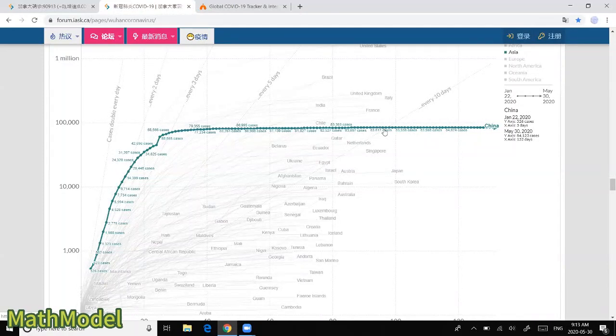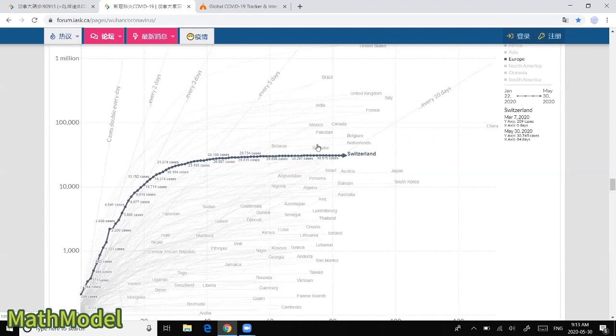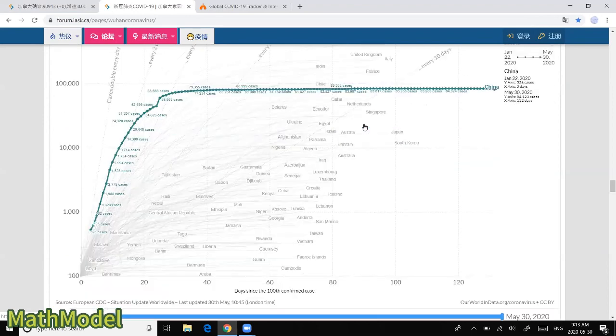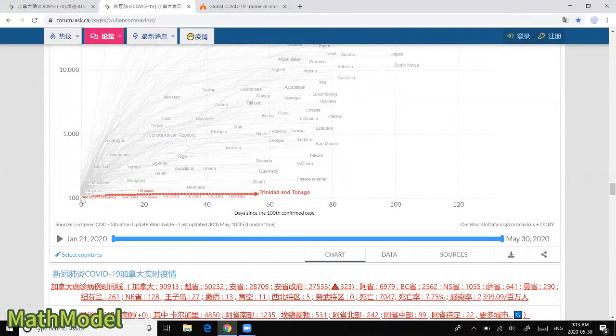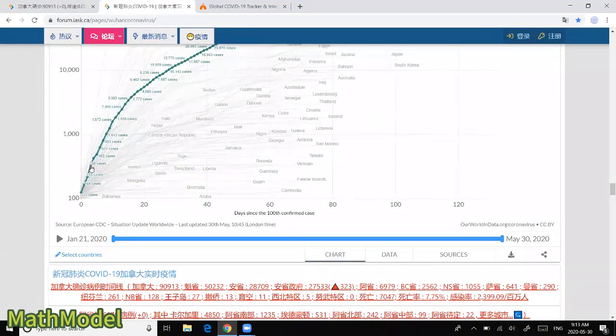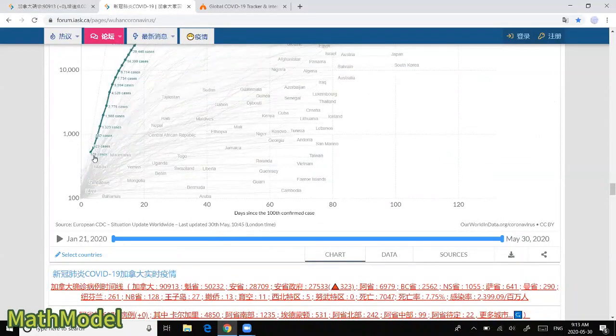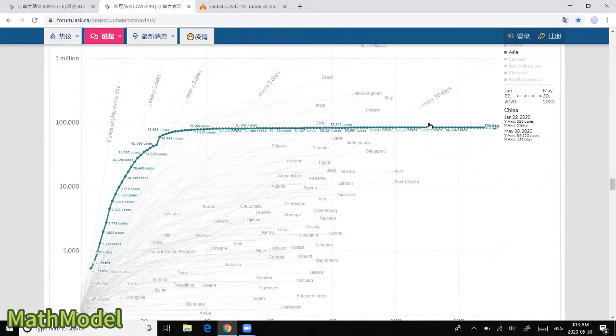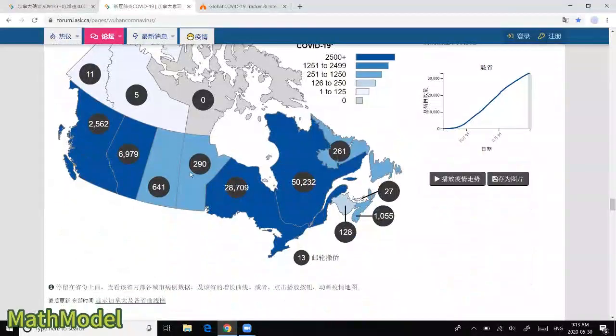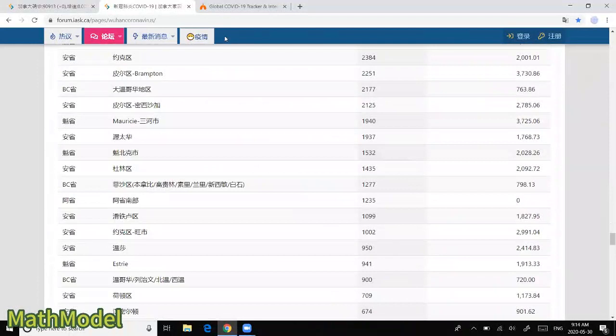China started with the coronavirus and then other places followed. Day 0 is basically the first 100 cases. Also, if we hover over the China graph, we see it starts with 526. It's probably because they haven't started recording the China coronavirus cases yet, like the Chinese government and such. And then there's also the Canada graph again, and that's it.